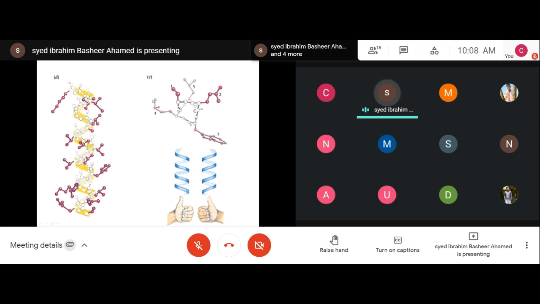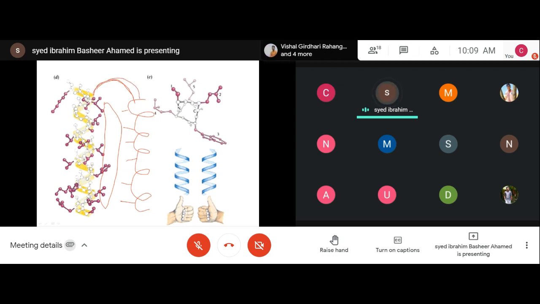If I have another alpha helix running over here, adjacent to this one, the hydrophobic amino acids will face towards the center so that they can make a hydrophobic environment between these two helices.